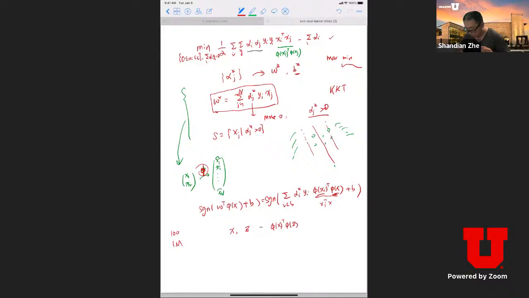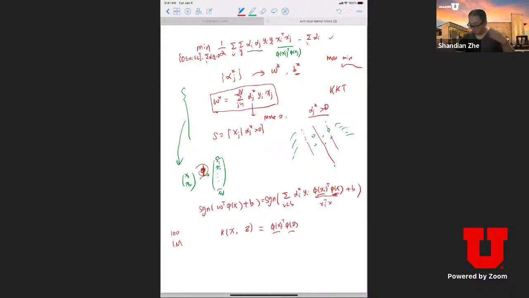This is essentially a function of X and Z. And to calculate the value of this function, what we can do is just direct, naive computation. We perform feature mapping, and in the mapped feature space, we calculate the inner product, which is really expensive in practice.